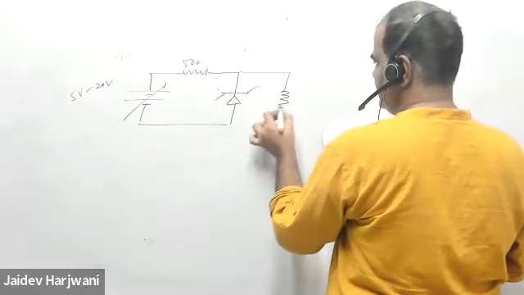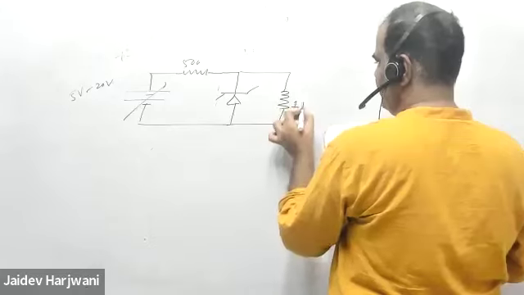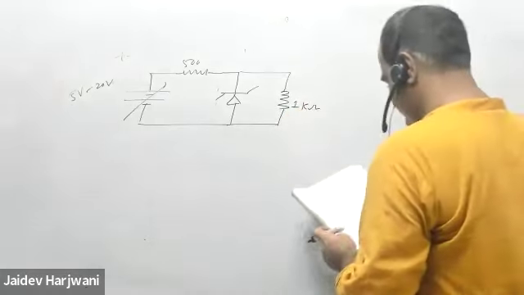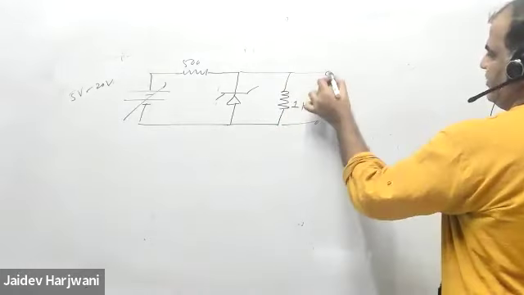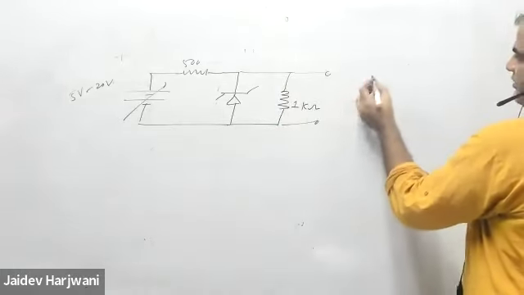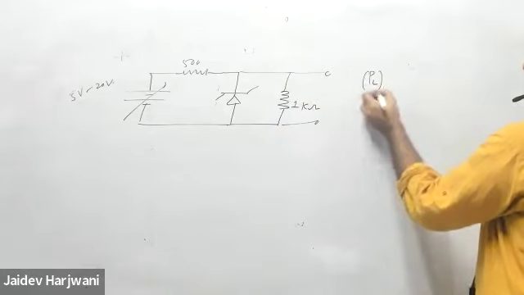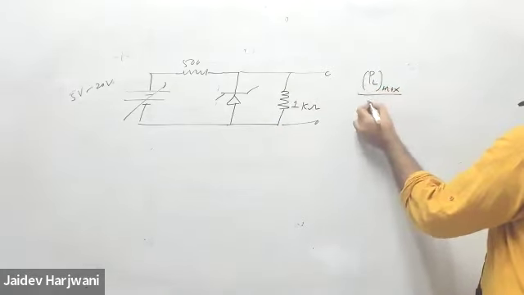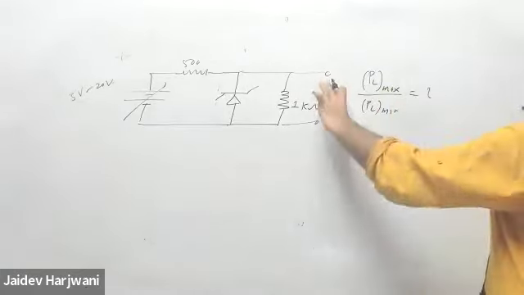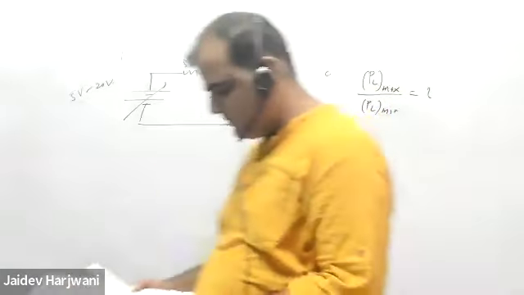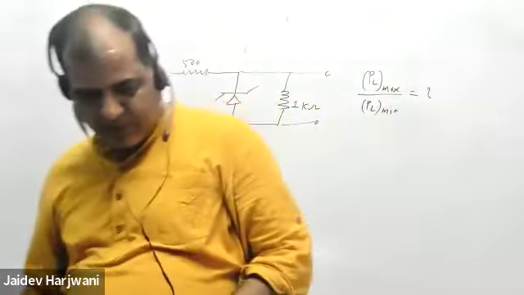And this is a 1 kilo ohm resistor. It says find the value of PL max to PL minimum across the load. What is the value of PL maximum and what is the value of PL minimum?